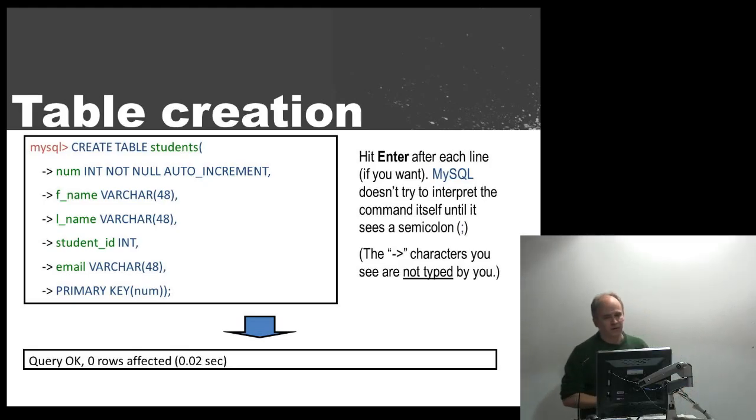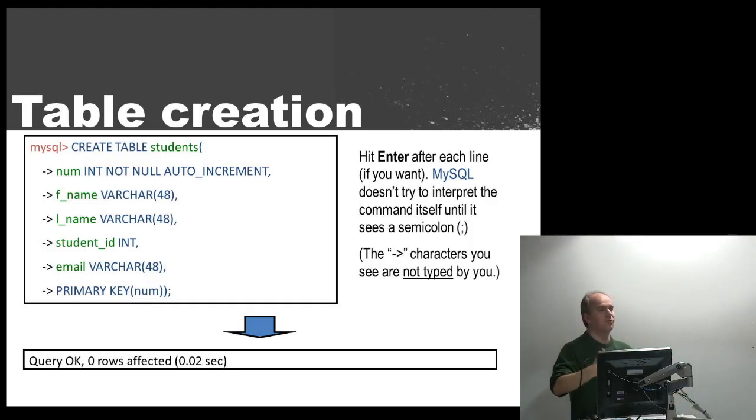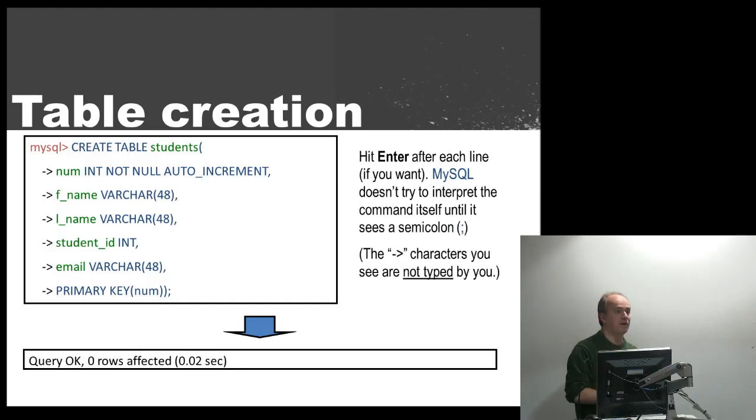When the query extracts information, the feedback is the information you have asked for, or an error message, or a message saying there is nothing. When it's just creating things, there's nothing really to show. So it will tell you the query is okay, and in this case zero rows have been affected because your table is just empty. At the moment, it's just an empty shell with 5 different fields.